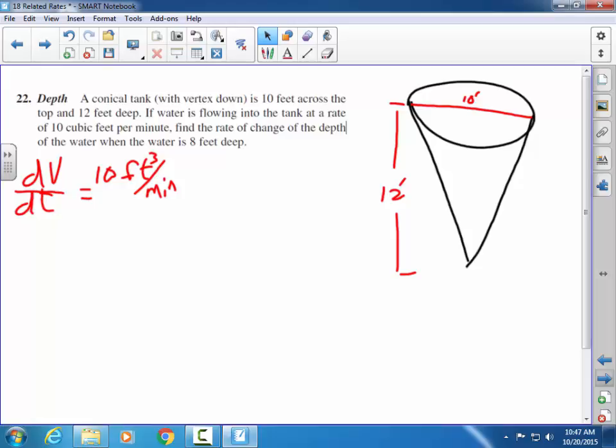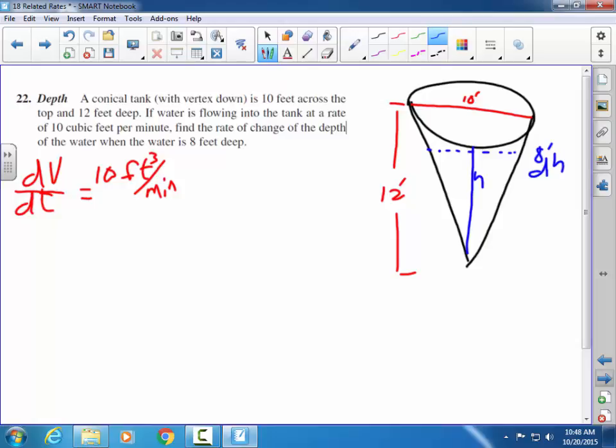That's what we're asking. Find the rate of change of the depth when the water is 8 feet deep. So when we get to right along here, let's say that's 8 feet, we want to know if that is our height. We are trying to figure out what is dH over dt right there.